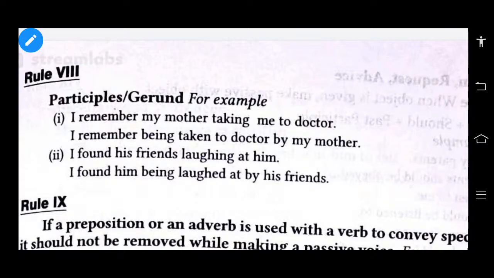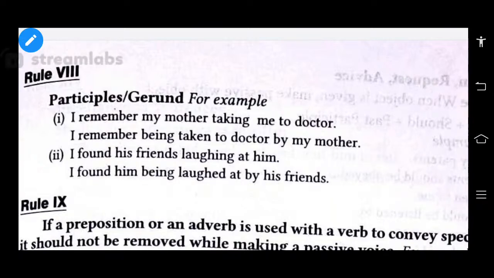Non-finite verbs are of 3 kinds: infinitive, participle, and gerund. Under the infinitive there are 2 types, to-infinitive and bare infinitive. Gerund is one only, whereas participles are also of 2 kinds, present participle and past participle. Did you understand this?